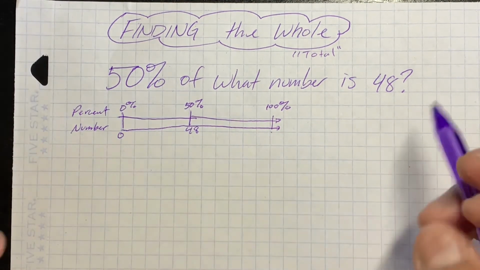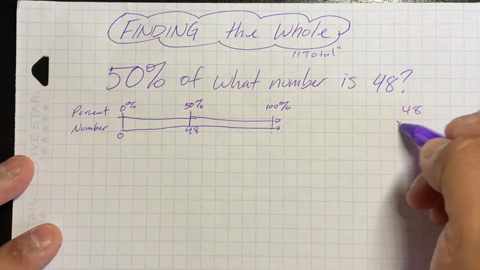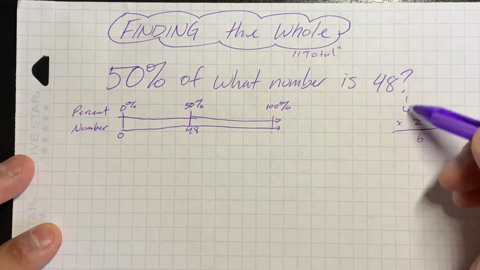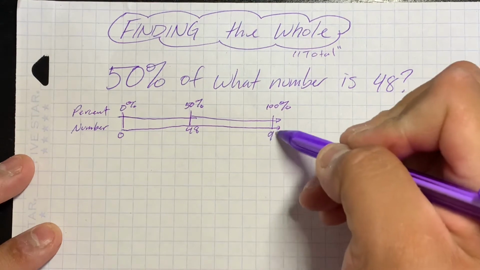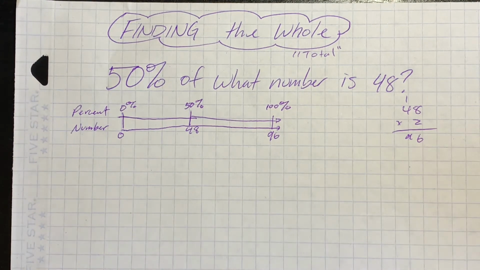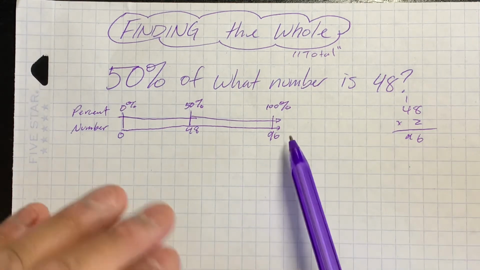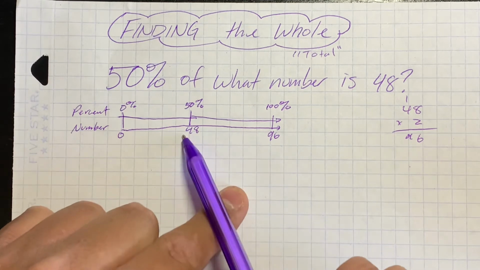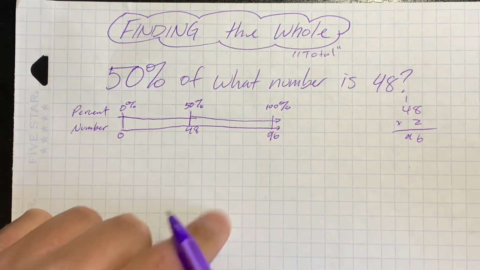So what's 48 times 2? 2 times 8 is 16. 4 times 2 is 8 plus 1 is 9. So there you go. 100% is going to be 96. So half of 96, so 50% of 96 is going to be 48.